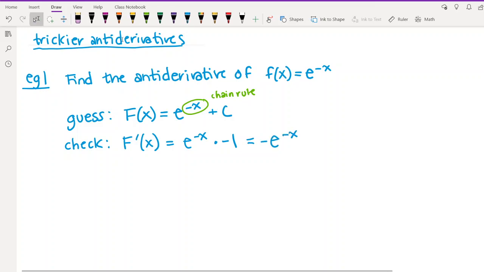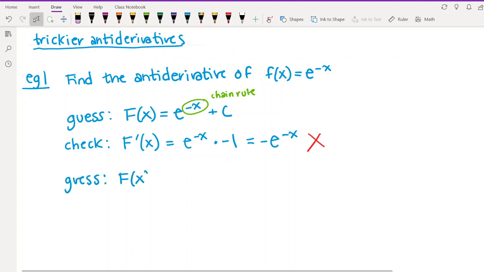We want just e to the negative x. So how can we compensate for that? Well, if we include a negative sign in our antiderivative, then that will cancel out with the new negative sign and it will work out. So just putting an x here didn't work, but let's try another guess.